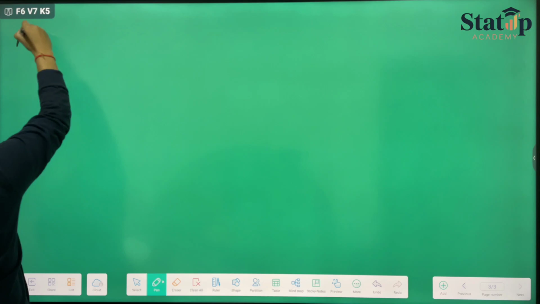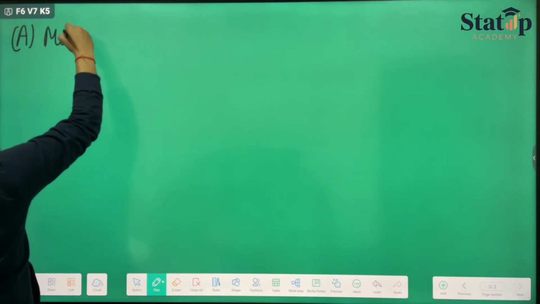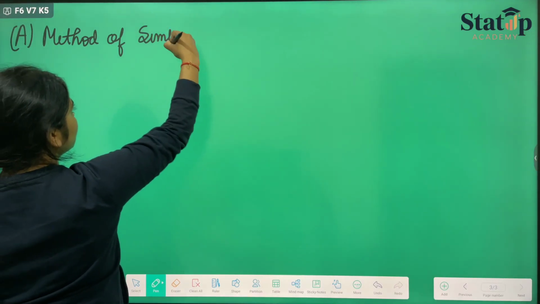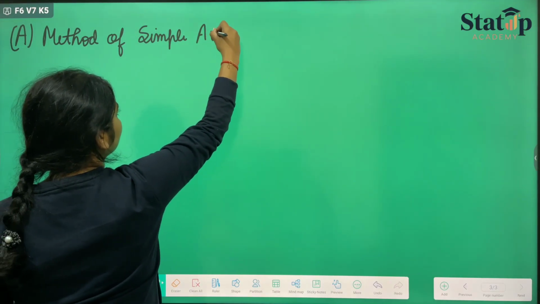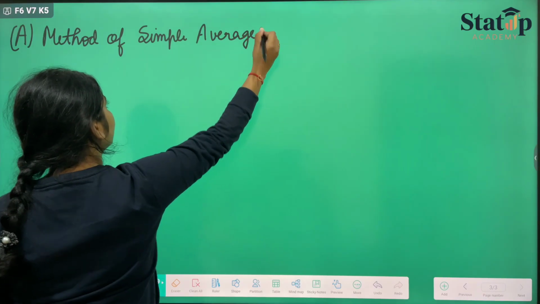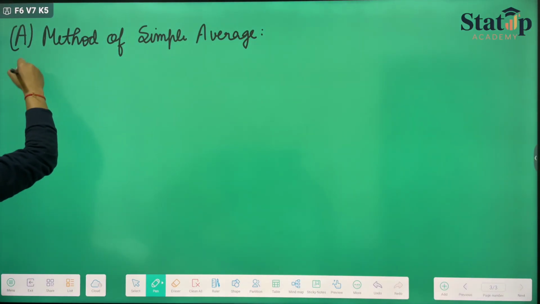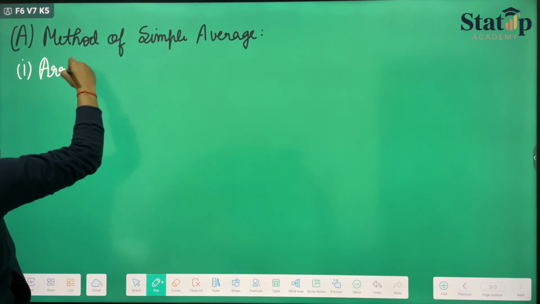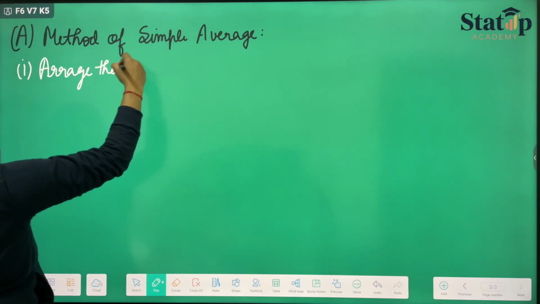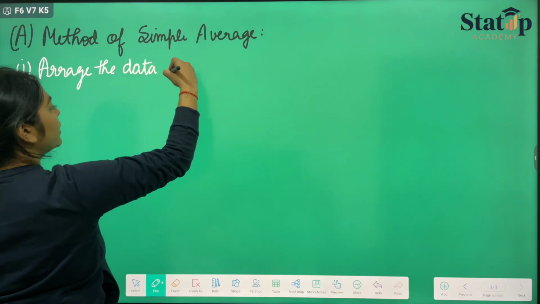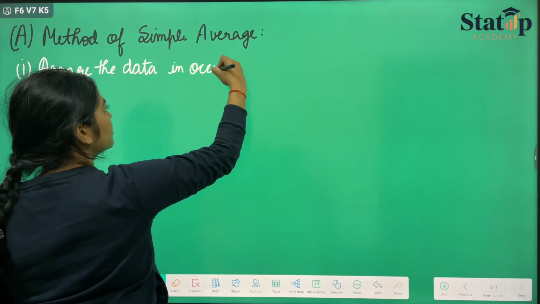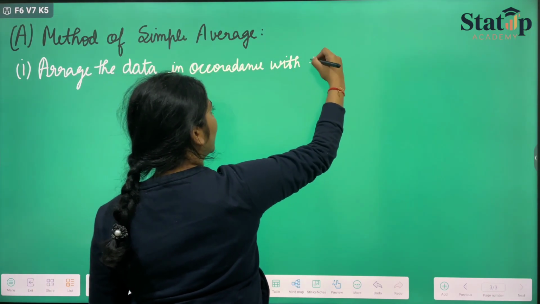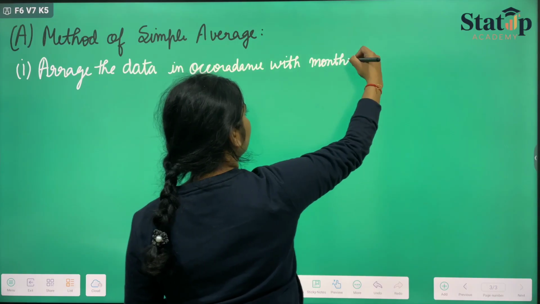This is the method of simple averages. There are four steps in the method of simple averages. First of all, we have to arrange the data in accordance with months or years, whatever is given.